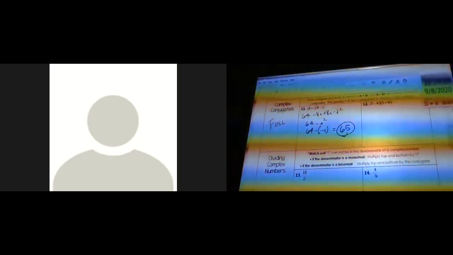And so we're left with 64 minus i squared. If we plug in our negative 1 for our i squared, what is that going to give us? 64 minus a negative 1, which is going to equal what? You agree?